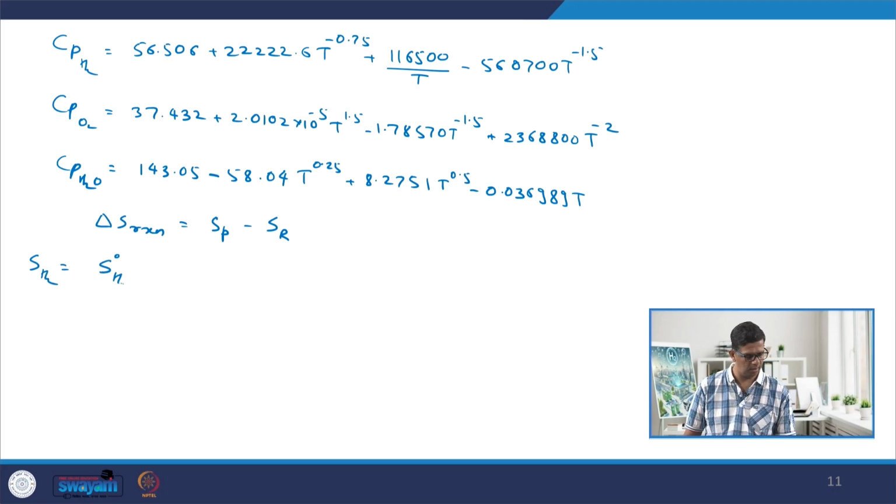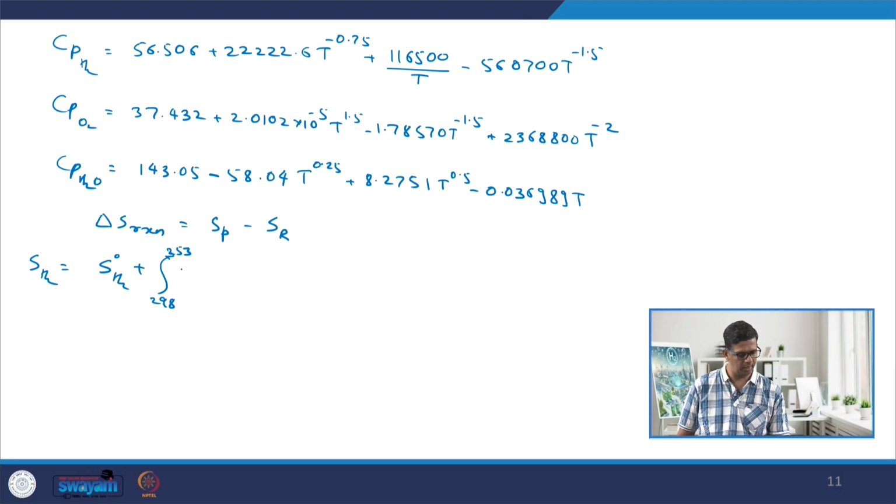So entropy of hydrogen is entropy of hydrogen at STP, which is given, plus this entire equation has to be integrated from T naught to T. T naught is, let us say, 298, and this was 80 degrees, so 353.